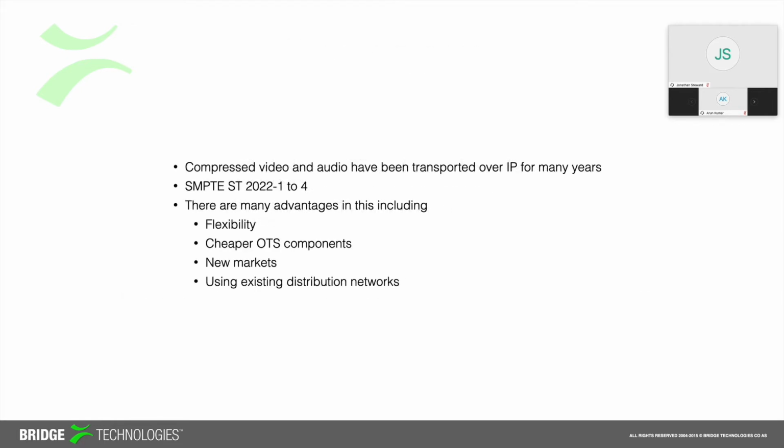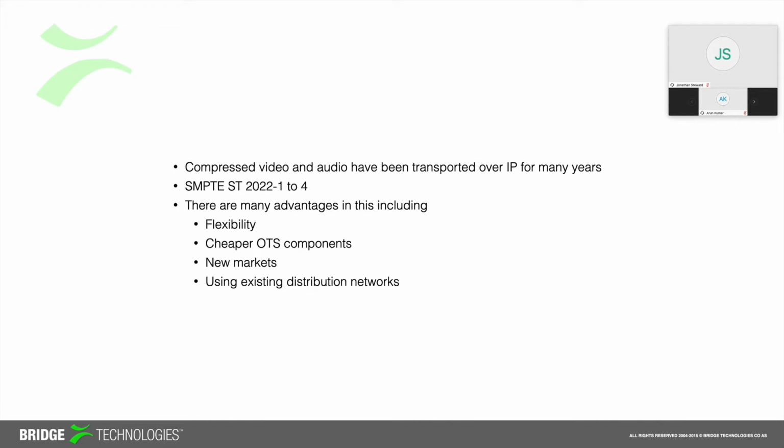Compressed video and audio have been transported over IP for many years. We know this because we're in the business of monitoring compressed transport streams. SMPTE 2022-1 to 4 lay out the specifications for transporting a transport stream over IP.